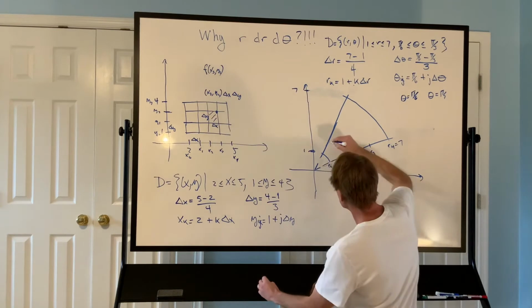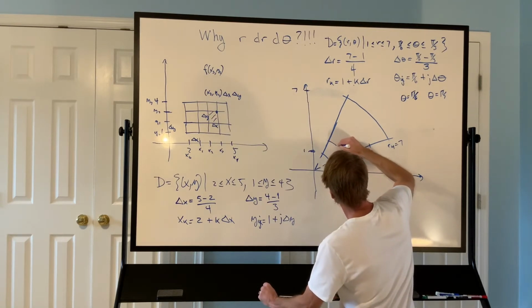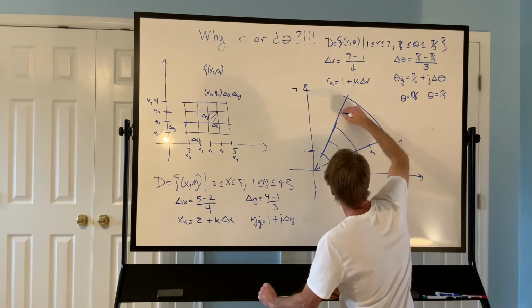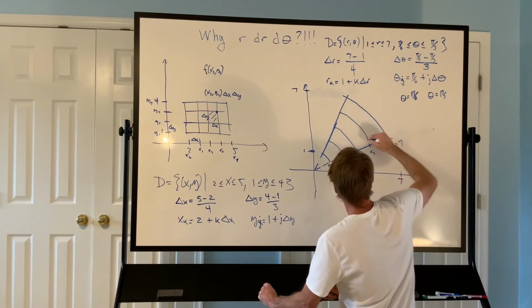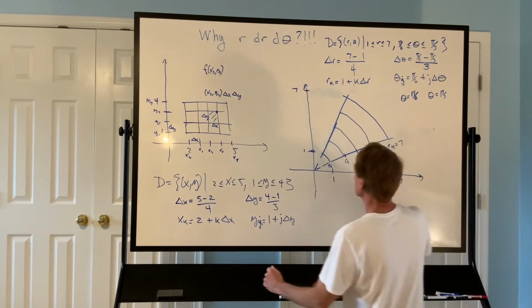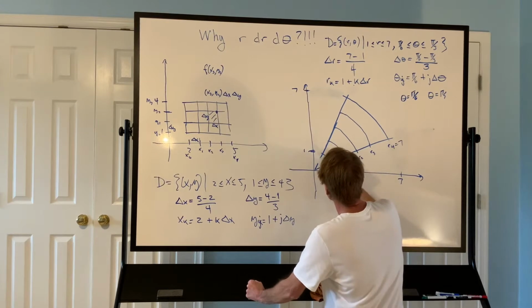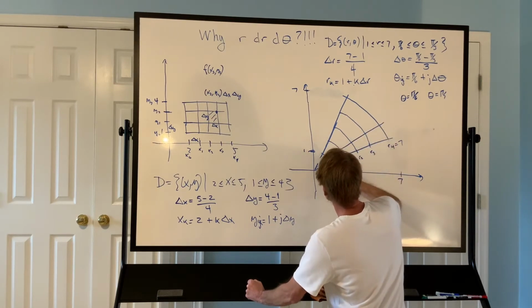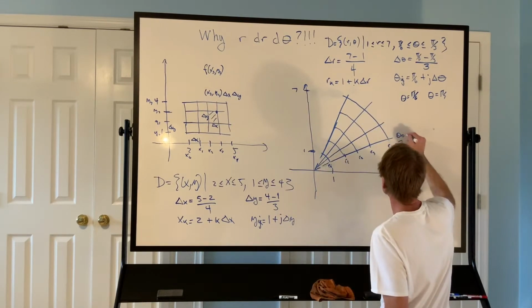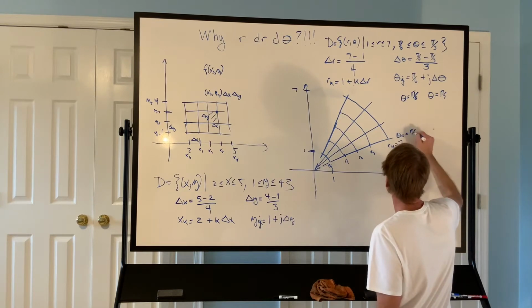And if we let theta do whatever it wants, this would be r equals r1, that would be r equals r2, and this would be r equals r3. Now theta we're chopping into 3 pieces, so this would be theta 0 equals pi over 6.